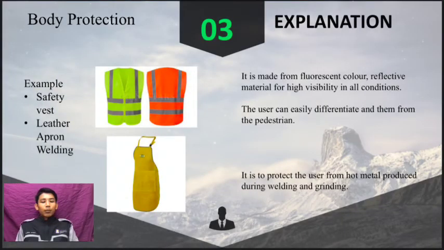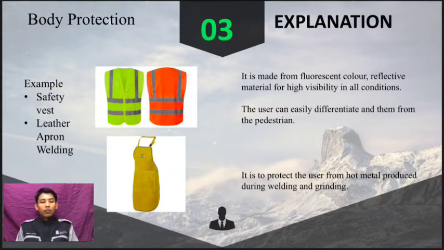Next is body protection. As you can see on my slide, there are example pictures for the safety vest and leather welding apron. The safety vest is made from fluorescent color, reflective material for high visibility in all conditions.